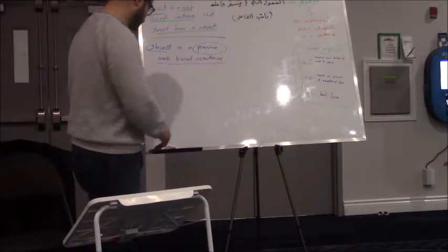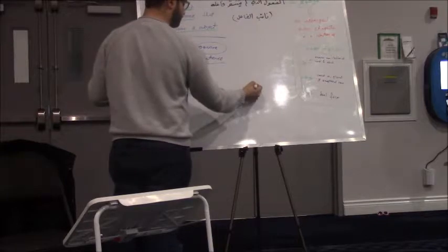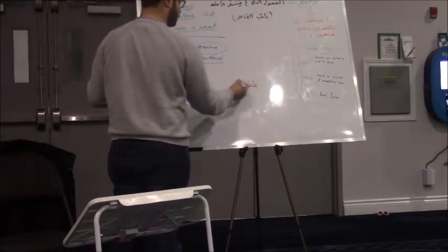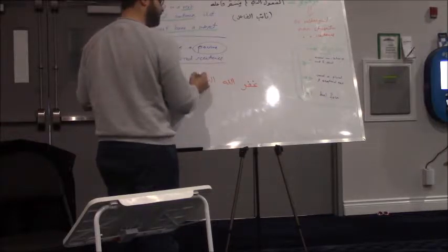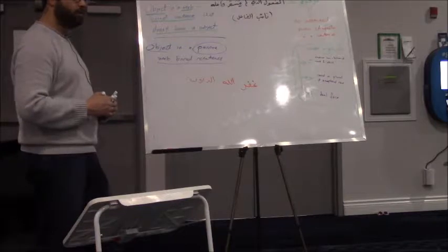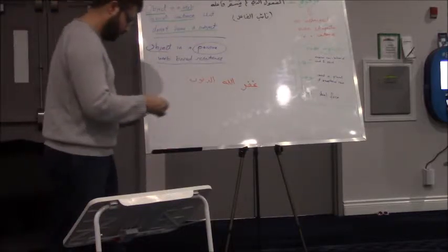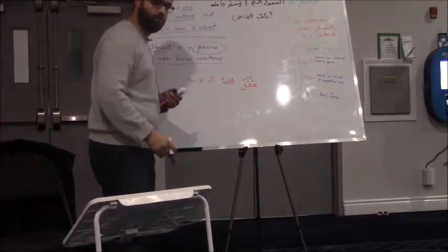So the example you gave me. We'll say غفر Allahu dhunub. Allah subhanahu wa ta'ala forgives sins, or forgives the sins. Right? So this is how it works from a tashkil: غفر Allahu, he's the subject here, so he's going to be marfu'.